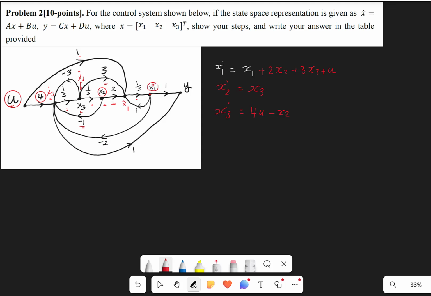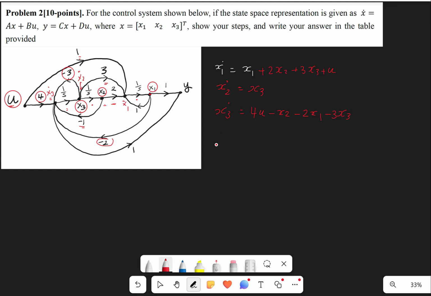Then we have here x1 with gain minus 2, so this will be minus 2x1. And here we have x3 with minus 3, so this will be minus 3x3.